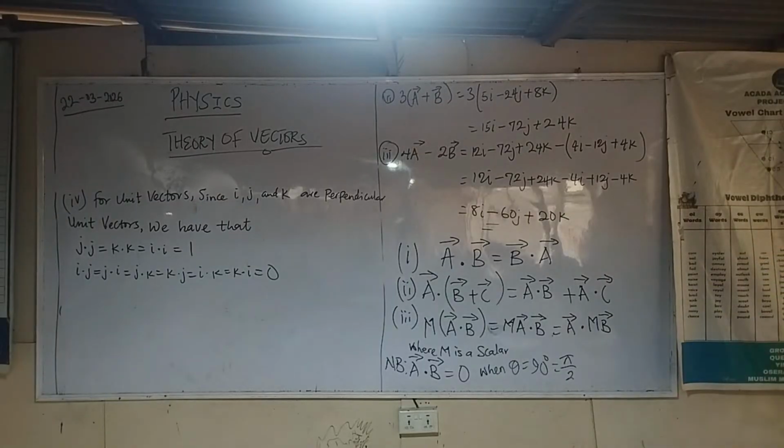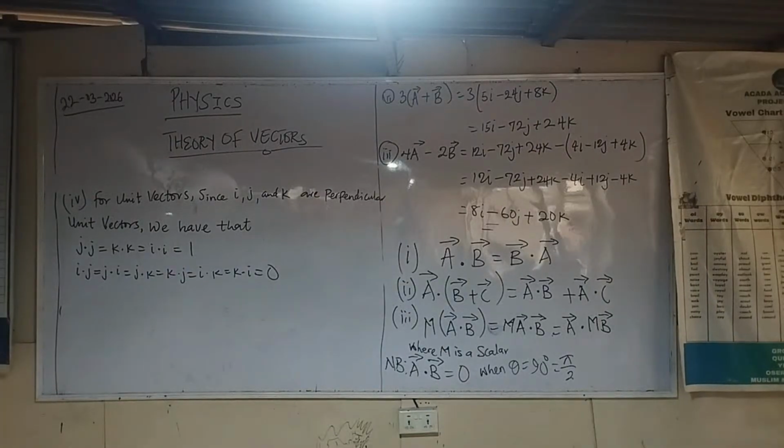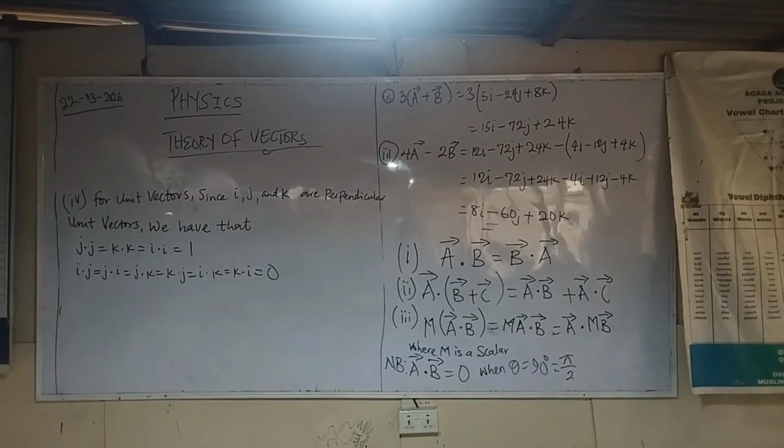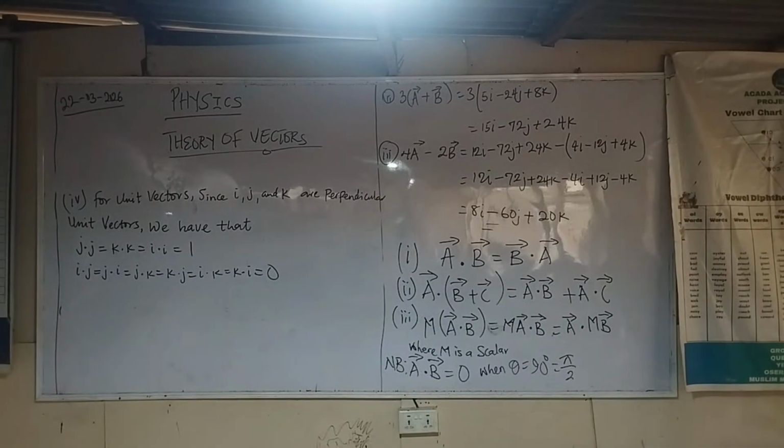Why is it equal to 0? Because they are perpendicular.